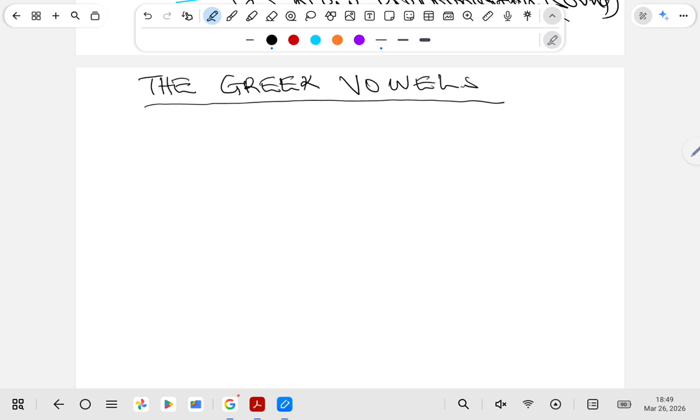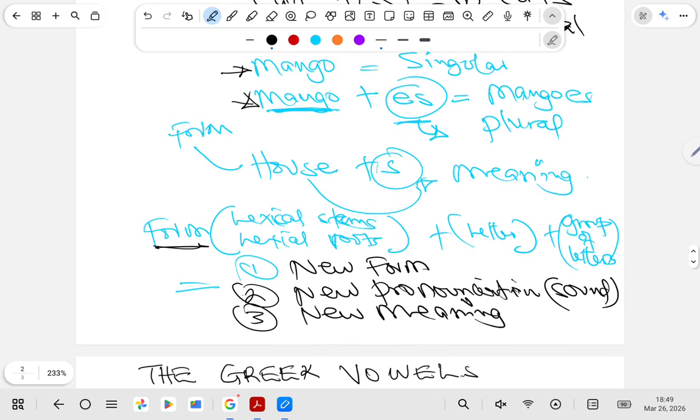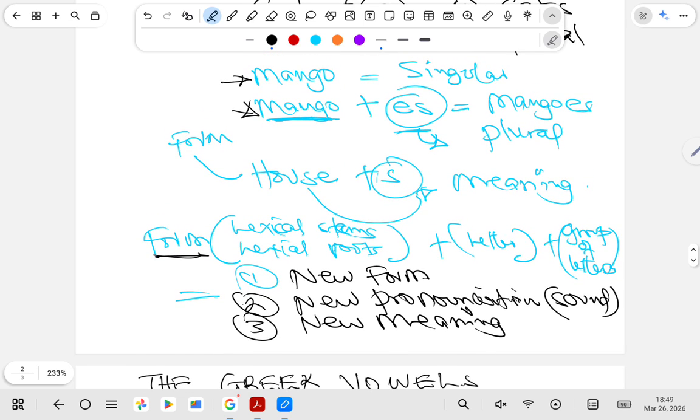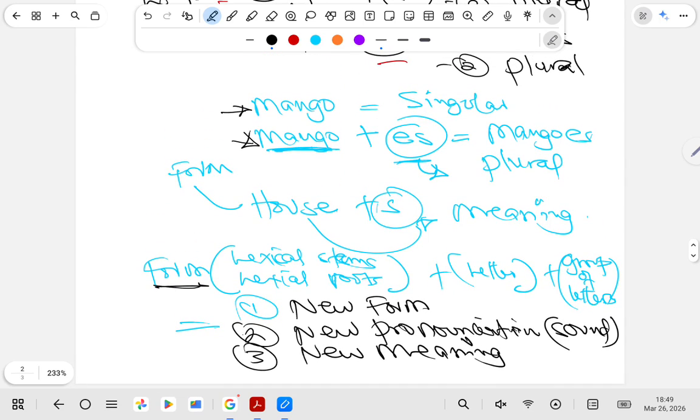But also how the letters put together give us a form, and this form has a unique pronunciation and a unique meaning. We also saw that when you add a letter or group of letters to an existing form, then a new meaning is derived.